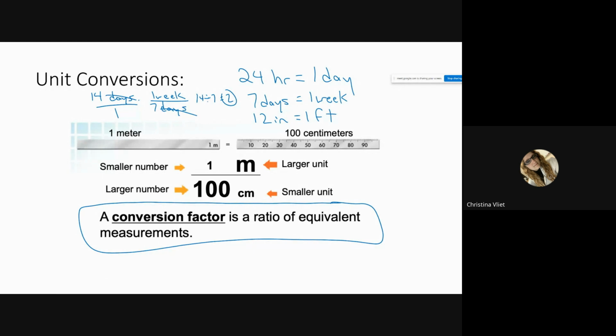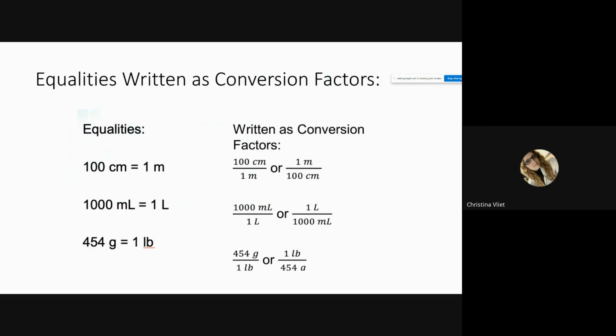And so conversion factor, we call this a ratio of equivalent measurements. It always has something on the top and something on the bottom, and these two amounts are the same as each other. For example, if I have 24 hours in one day, I could write that as 24 hours is 1 day. And now it's what we call a conversion factor. The first thing to note is how to write an equality as a conversion factor.